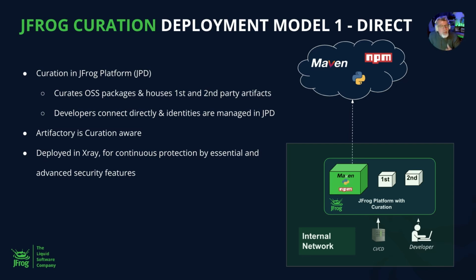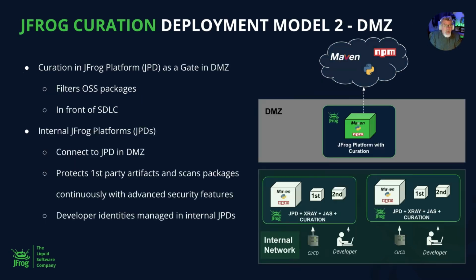Like I said, this allows curation to be a way for you to make everything more aware to Artifactory. So this way, you understand what's being pulled in and what's not being pulled in. It also provides continuous security because it's like a firewall. It's always there. It's always ready to protect you before those potentially malicious and nefarious things get into your org.